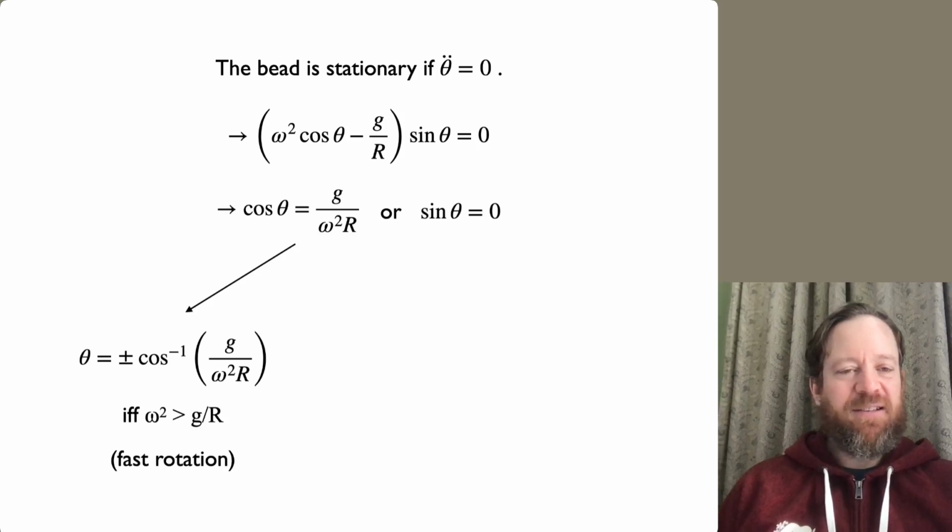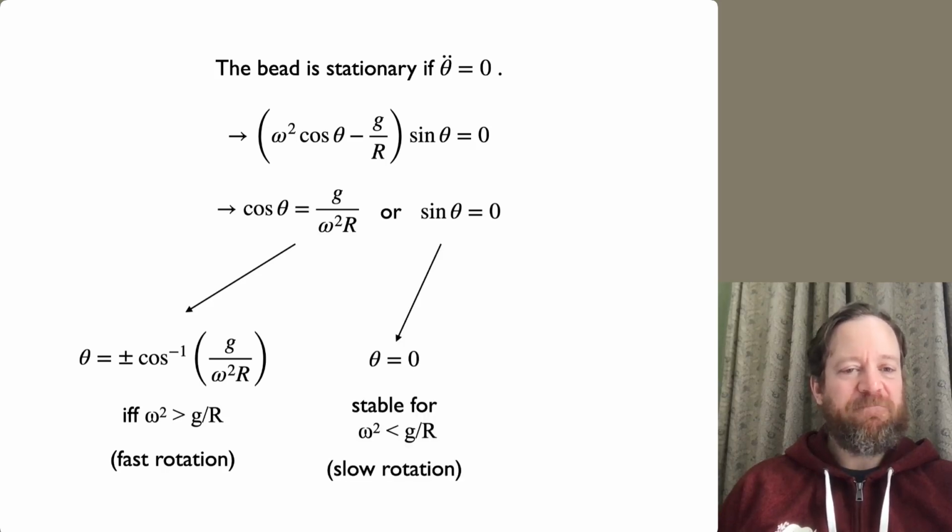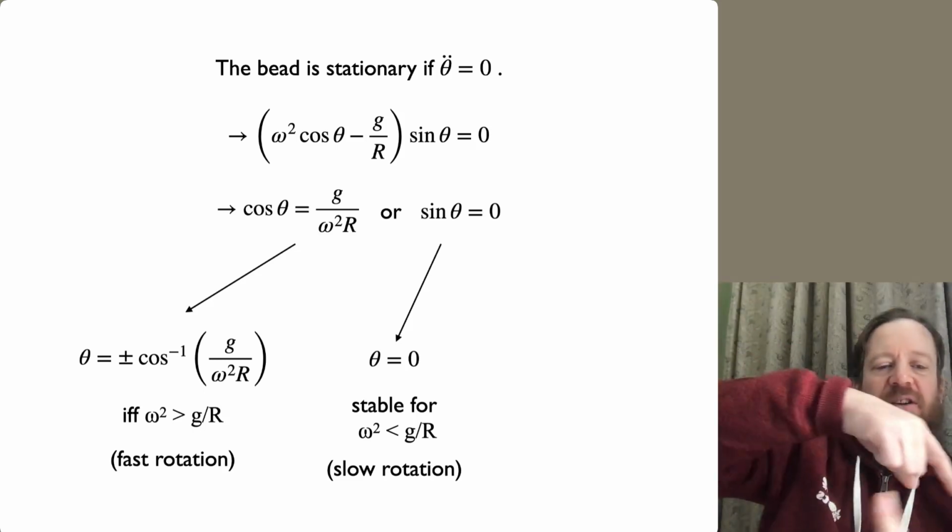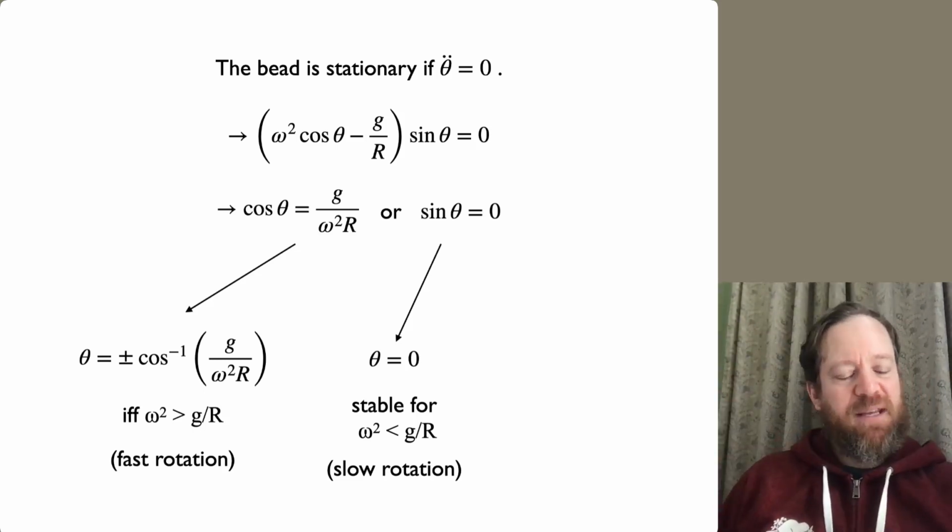On the other hand, sine theta equaling 0 is going to be a stable solution for theta equals 0, but only at slow speeds. Theta equals 0, of course, is where the bead is just sitting on the bottom, and it turns out that if our hoop is rotating at very, very slow speeds, that bead is just going to sit there at the bottom.